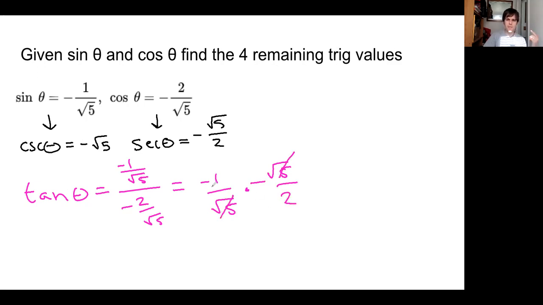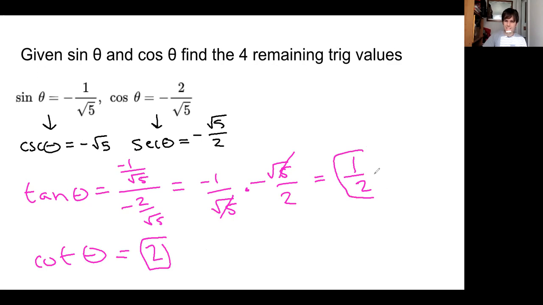These cancel out. We have negative times negative, which is a positive. We have 1/2. That one simplified nicely. And then cotangent is the reciprocal of tangent, so 2. And there we go. This one was a little easier than the last one.